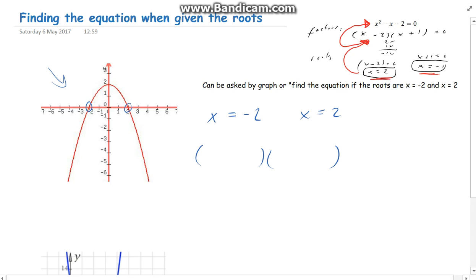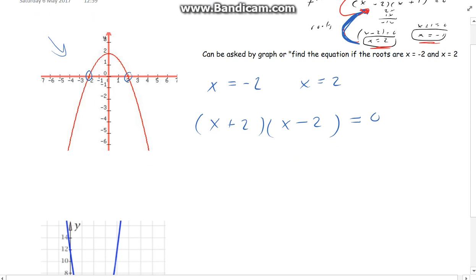To write this one as a factor, I bring over my minus 2, so it becomes plus 2. Just in the exact same way, if you look over here, that's exactly what happened. It went x is minus 2, so down here became x is equal to 2. So this one here will become x minus 2. And we let it equal 0. So our roots have now become factors.